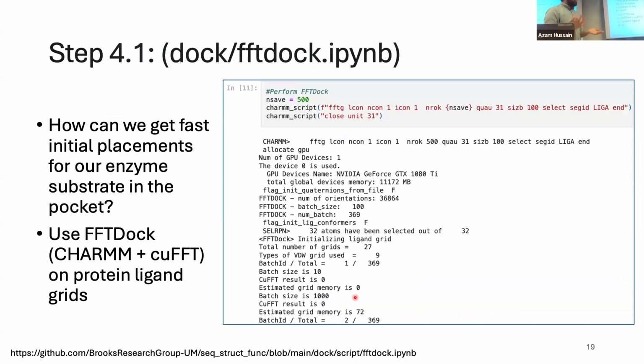Another really cool thing, we also have our own docking tool in CHARMM called FFTDock. It's a pretty fast rigid receptor docking method. For context, with DiffDock the inference time is like 40 seconds, and the performance on their training split in PDBBind was like 40% less than 2 angstrom RMSD for the first pose.